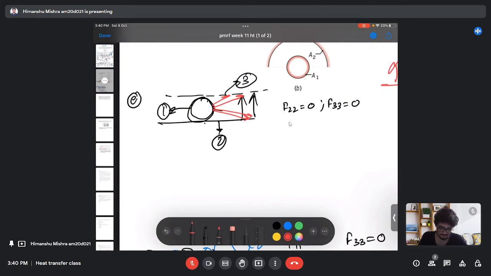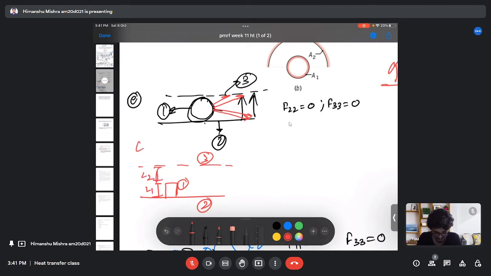Now, I have already been discussing this for half an hour. There can be an exception to this rule. For example, let's say this is my arrangement. This is my surface 2, 1 and 3, and this length is say L1, and this length is, let's say, L2, and L1 is smaller than L2.